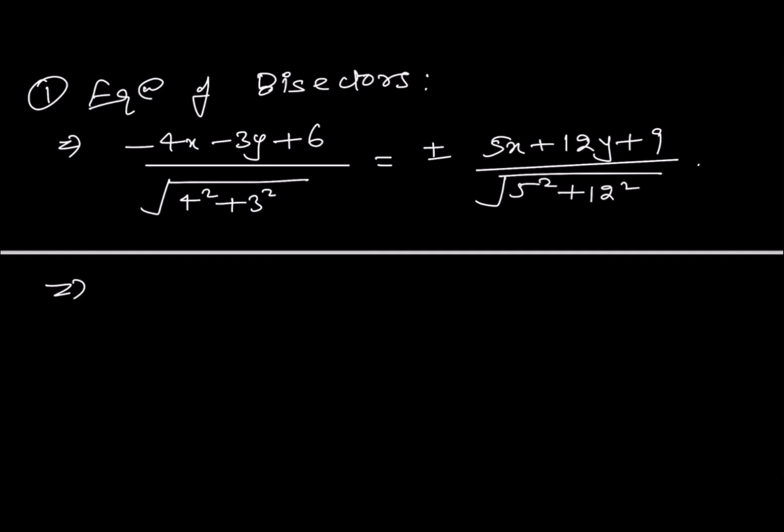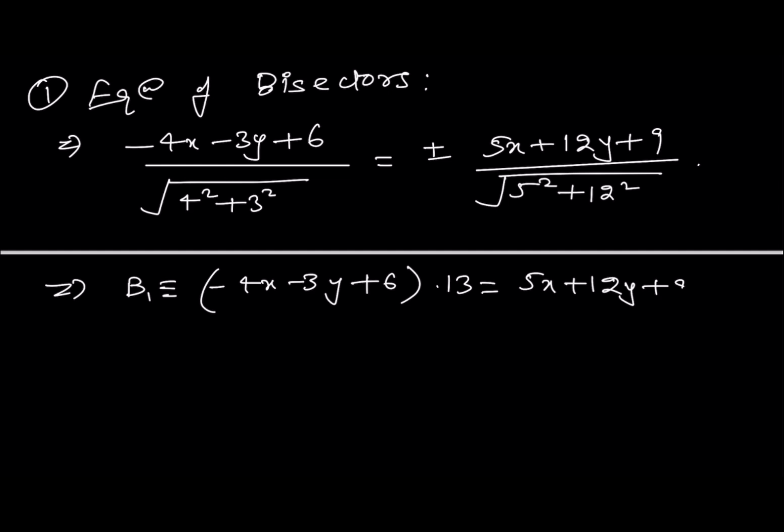So one is for positive, one is for negative. So bisector B1 is (minus 4x minus 3y plus 6) into 13 is equal to (5x plus 12y plus 9) into 5.